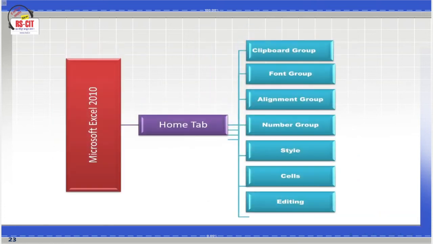Formatting of cell content. Formatting of cell content can be done using options available under Home tab. Clipboard group, font group, alignment group, number group, style, cells and editing.